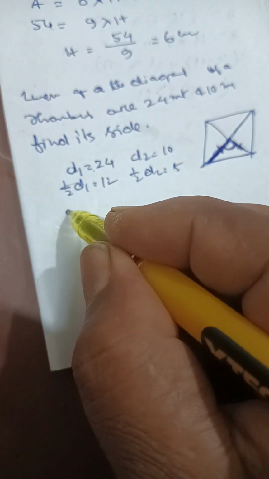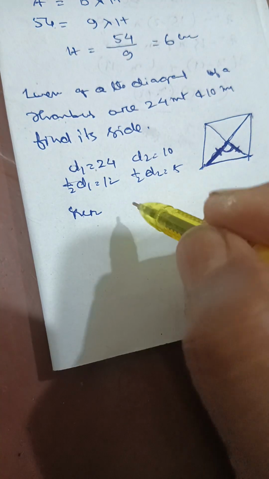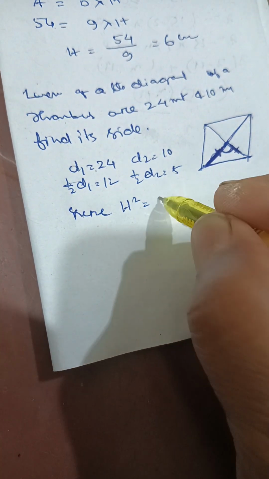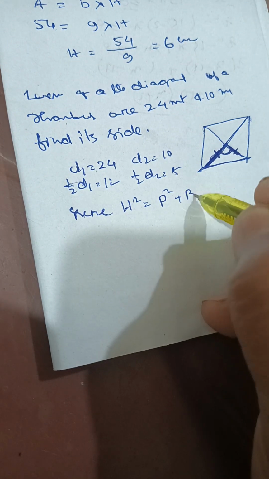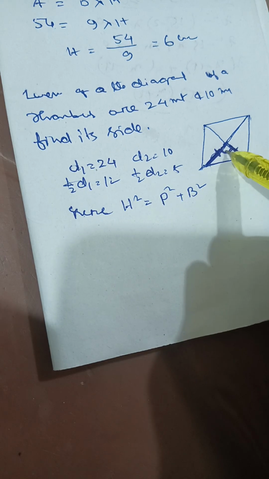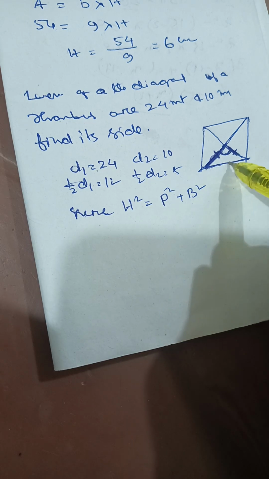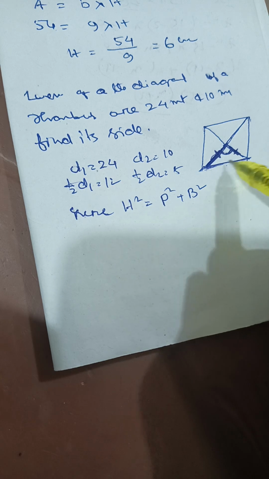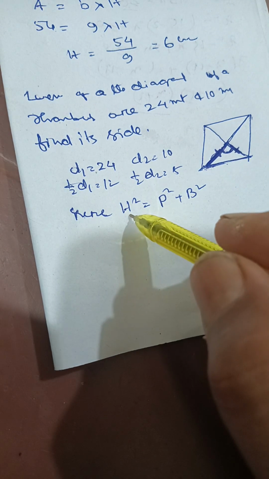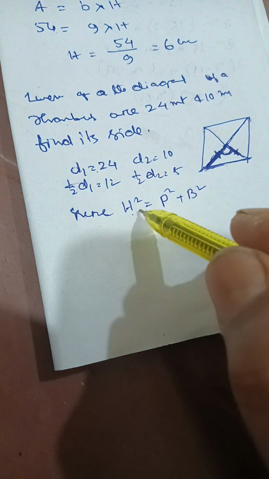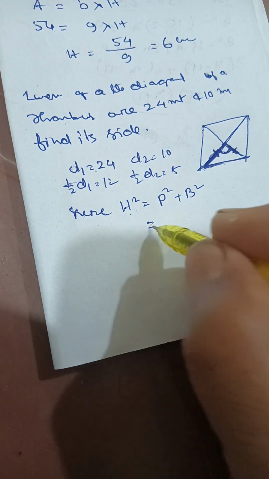Now you write here, hypotenuse square equal to perpendicular square plus base square. It is a right angle. We know the side opposite the right angle is the hypotenuse. So I have considered this is the hypotenuse, and we are going to find this side. If we find h, then we can say that the side of the rhombus is that h. Let me see what it comes.